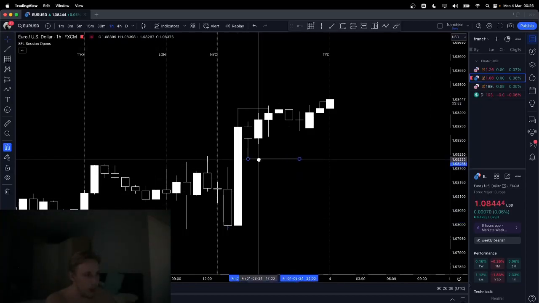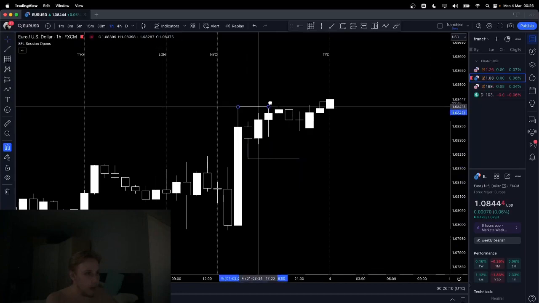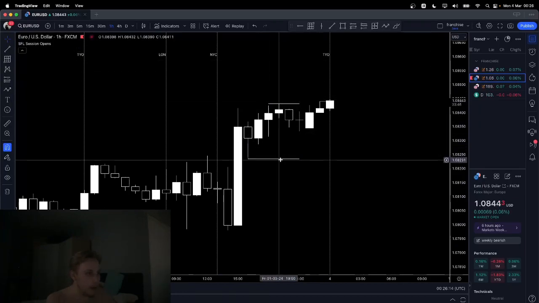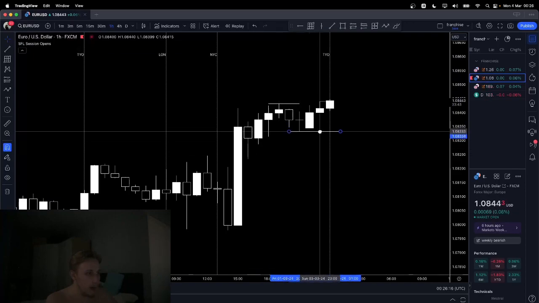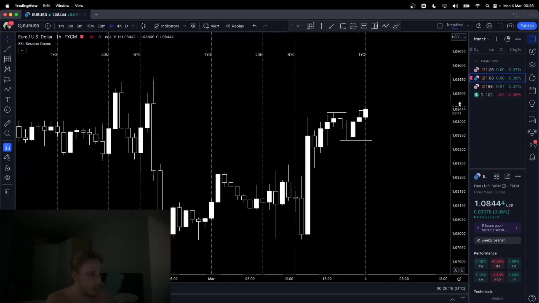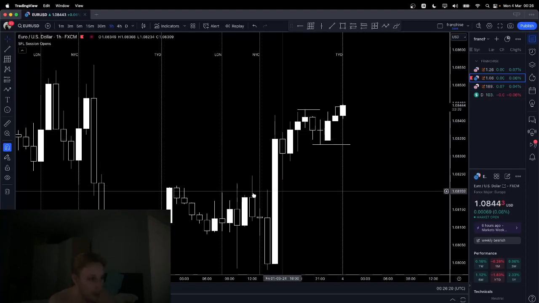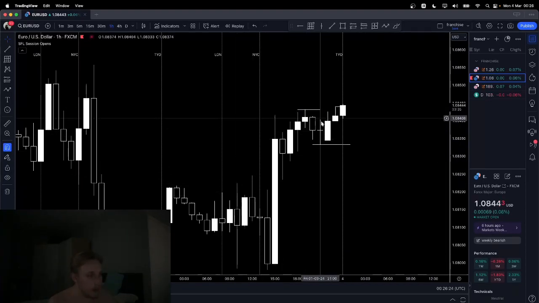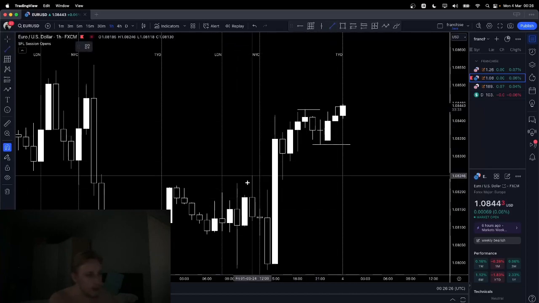Move up, then a move down, that's our high. Move down and then move up, that's our low. So the last break was this right here. We haven't broke any other structure points since.